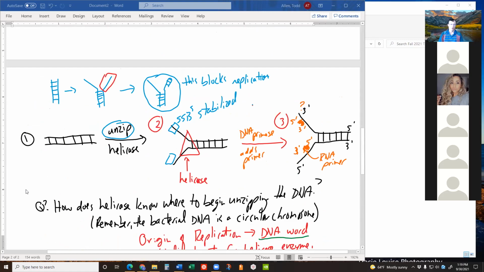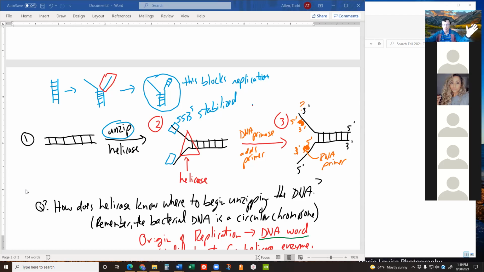Good question. They can be at both locations, but they're only on the single-stranded nucleic acid long enough to stabilize it. So when DNA polymerase sits down on the RNA primer and starts to move towards an area where there would be a single-strand binding protein, the helicase bumps the single-strand binding protein off.